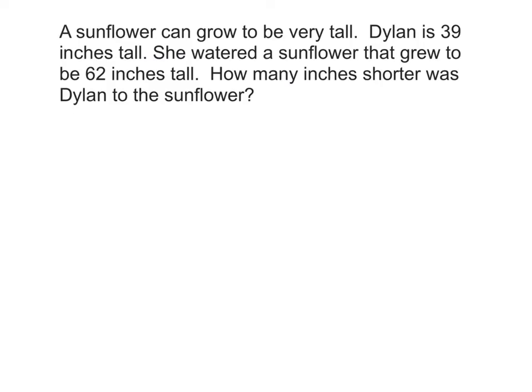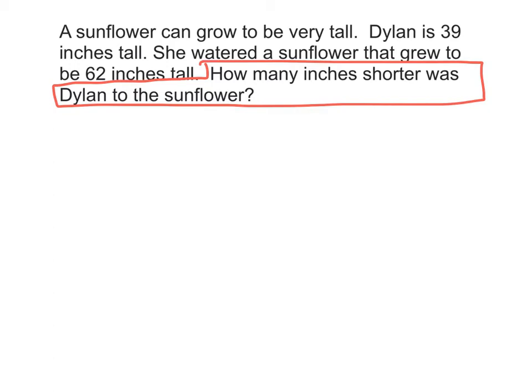Here's the word problem. A sunflower can grow to be very tall. Dylan is 39 inches tall. She watered a sunflower that grew to be 62 inches tall. How many inches shorter was Dylan to the sunflower? So, of course, first, we need to make sure that we understand what we are asking to solve. So there is the question.